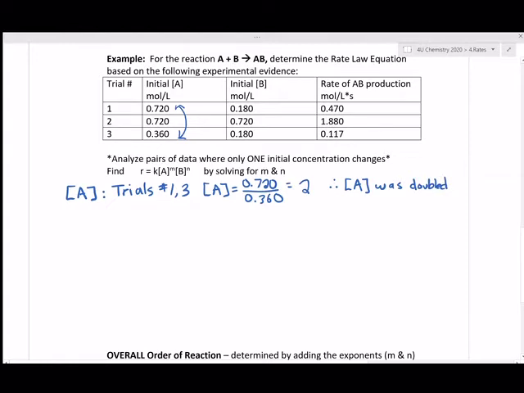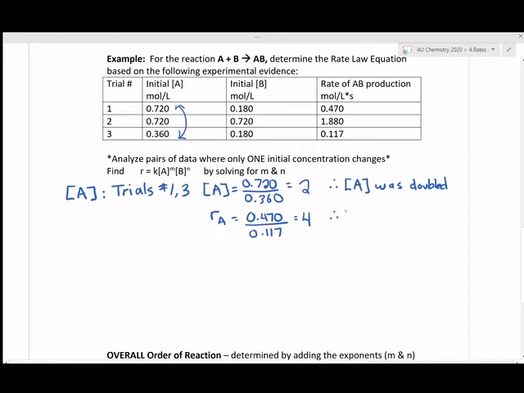So now we want to see, well, what was the effect on the rate? So for rate of A, we have to use the corresponding numbers. So we did 0.720 on top. So we go over here, 0.470 on top, and then we go across 0.117. And when you divide that, you'll get 4.